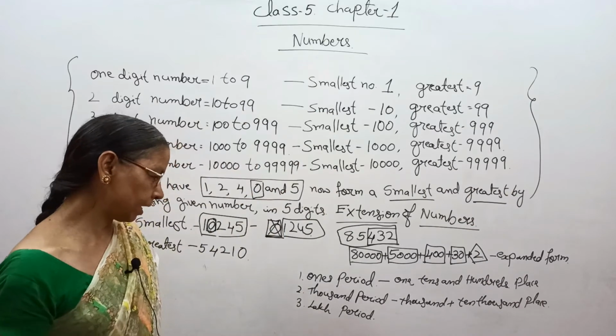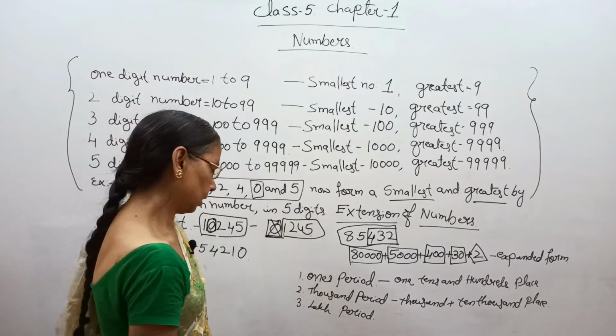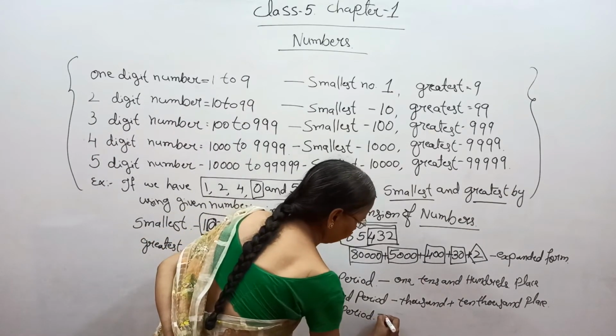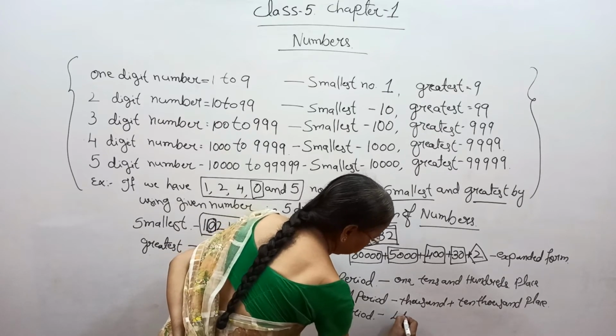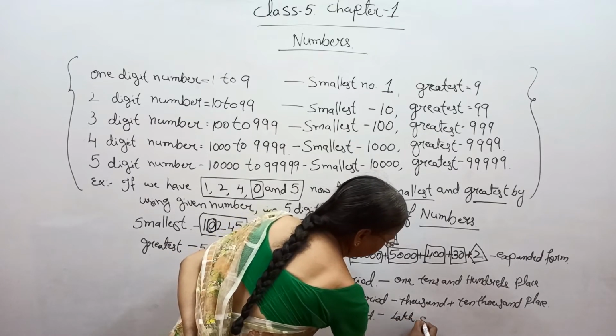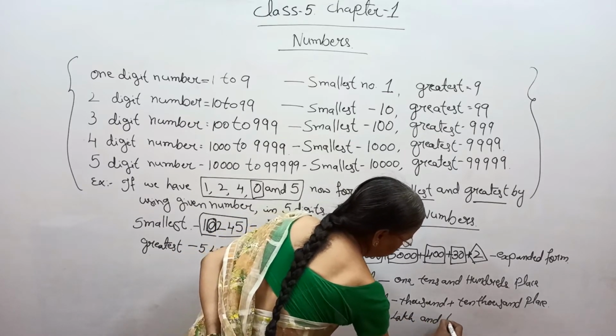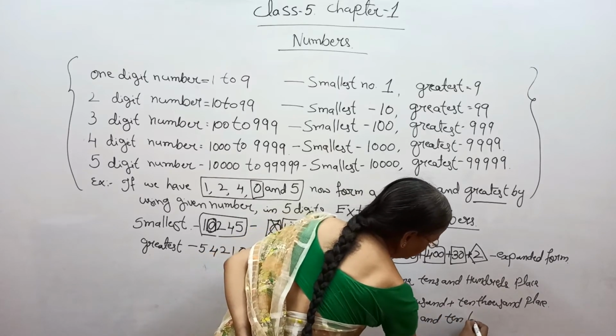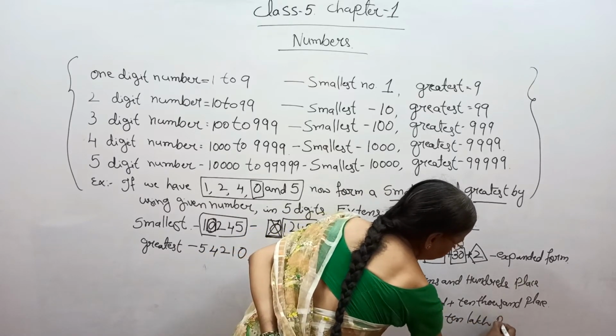And in the third period, it is lakh and 10 lakh place.